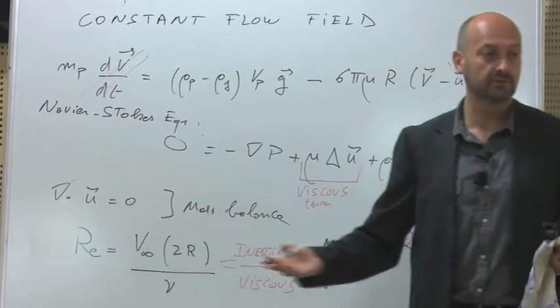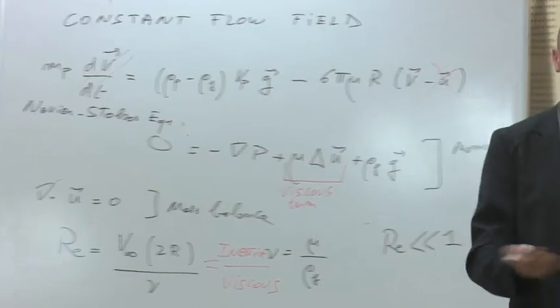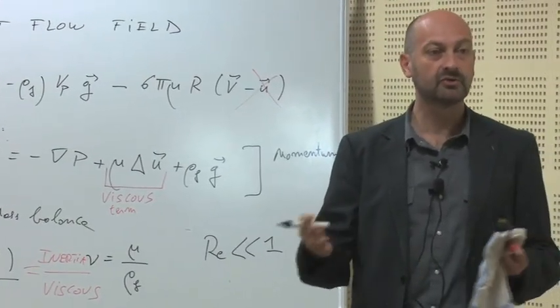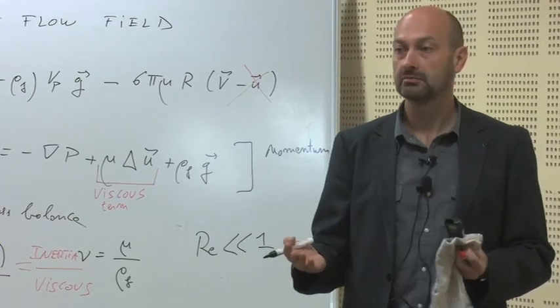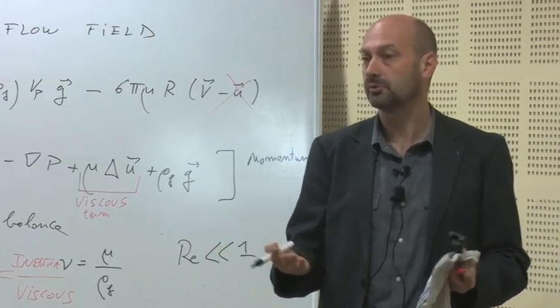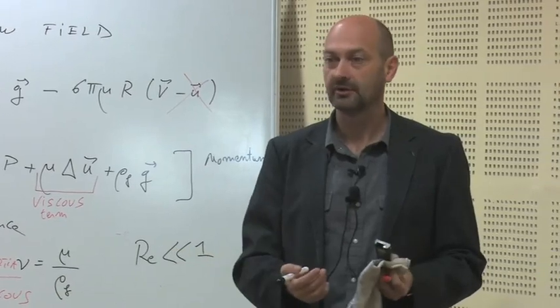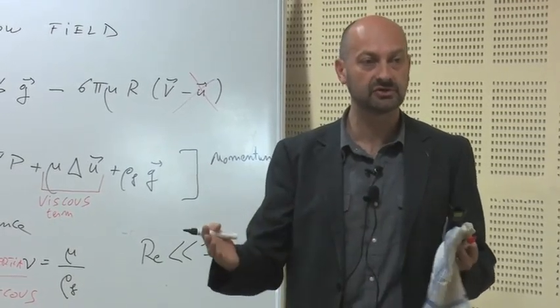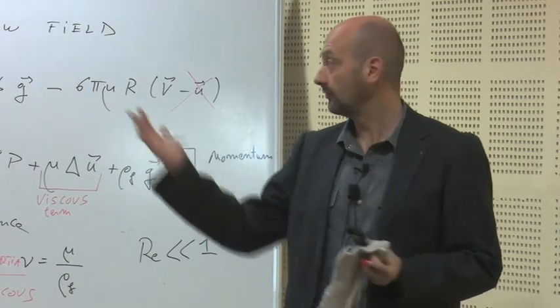So it will be small. But what does small mean? Small could be 10 to the minus 6, 10 to the minus 3, 0.1, maybe 1 is small. Compared to 1,000, 1 is small. So we don't know exactly what the range of validity of the Stokes equation is.